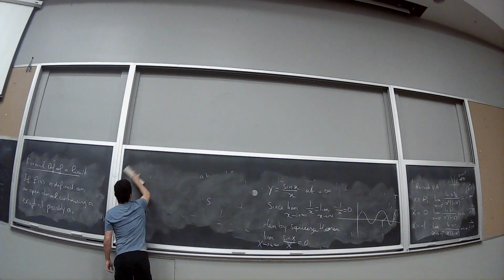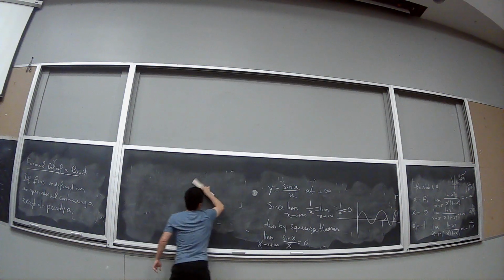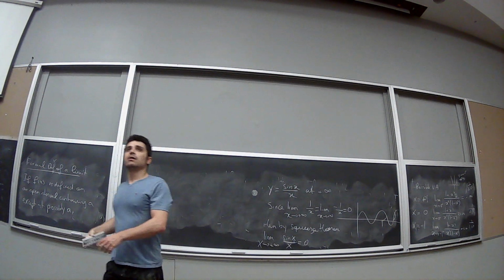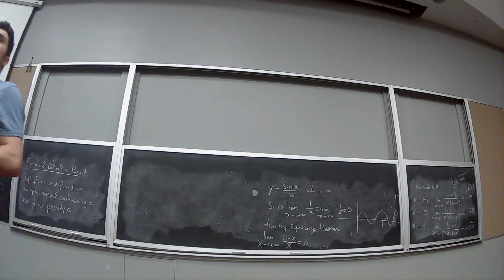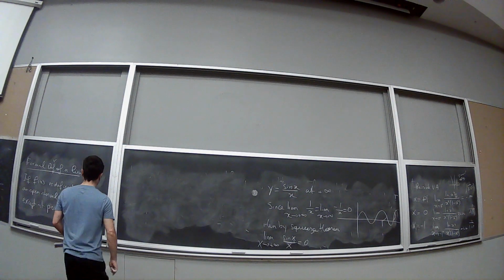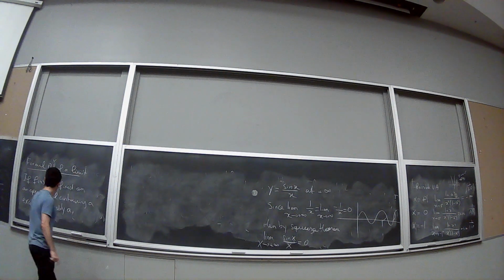What did we say? If f of x can be made arbitrarily close to L by making x sufficiently close to a but not equal to a, right? Now what does this mean in mathematical terms?